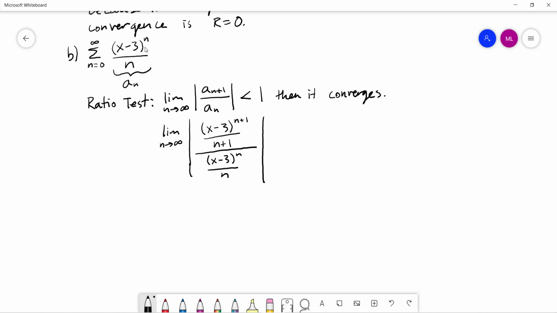So there's what our ratio looks like. We will do all the cancellation that we can. I have (x minus 3) to the n plus 1 power and (x minus 3) to the nth power. Most of those will cancel. The only thing that won't cancel is the one remaining factor that I have up here. So I'll wind up with a factor of x minus 3.